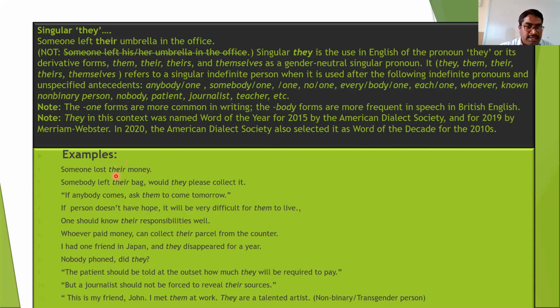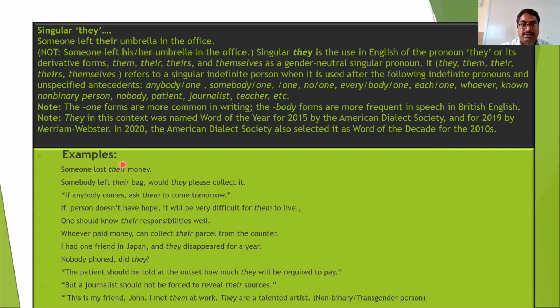Now let us study some examples. Here are a few examples. Someone lost their money. You might think that this is wrong because we have learned that someone lost his or her money, not their money. No, this one is grammatically correct.